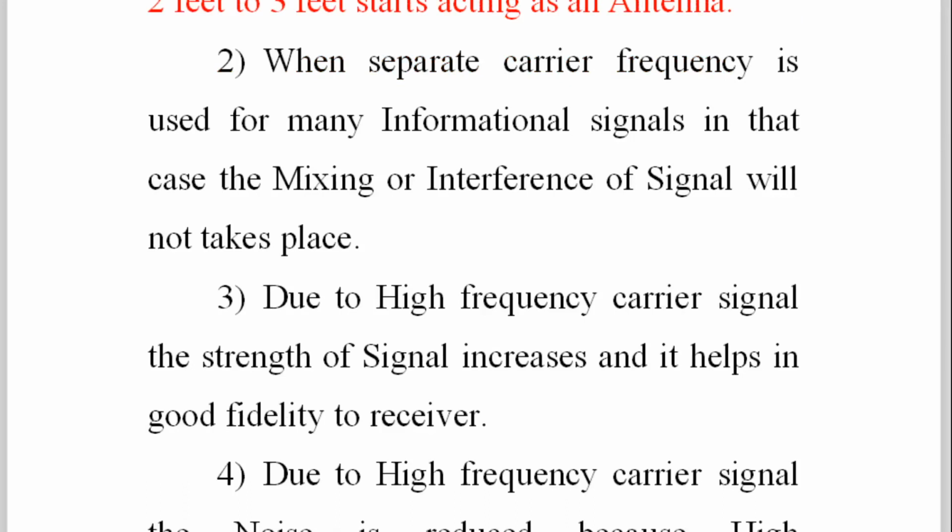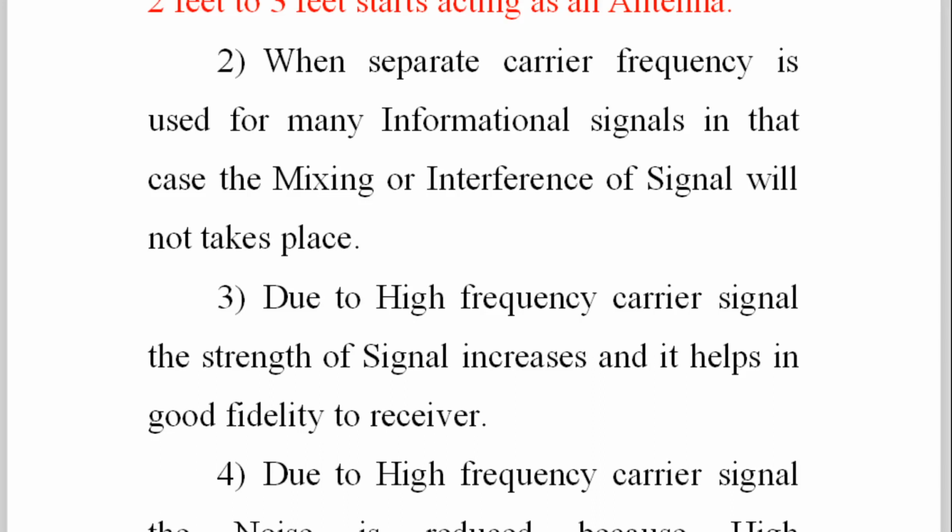Now let us go to the second. Suppose I have to pass 4 to 5 information signals over one particular communication channel. And suppose all the information signals are the voice frequency of human beings, and all of them are speaking in the same language, say Hindi only.